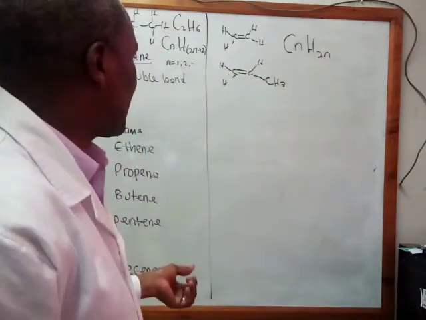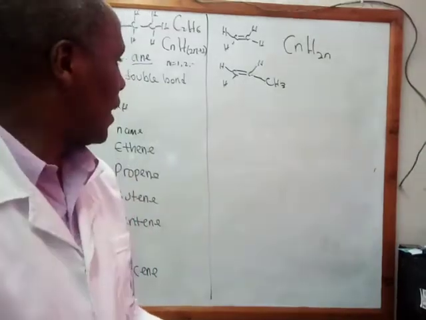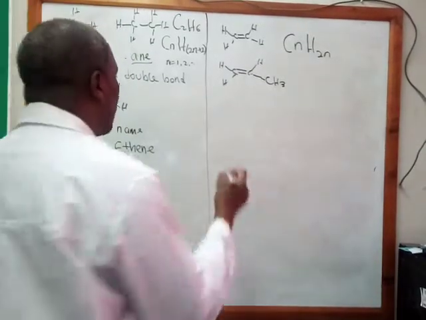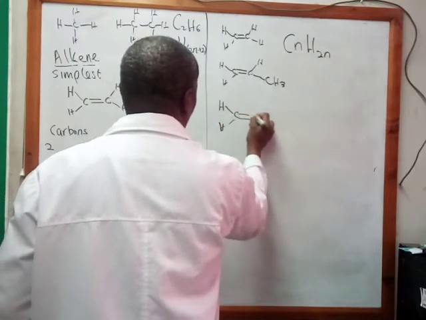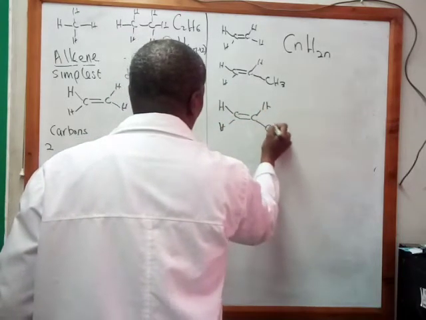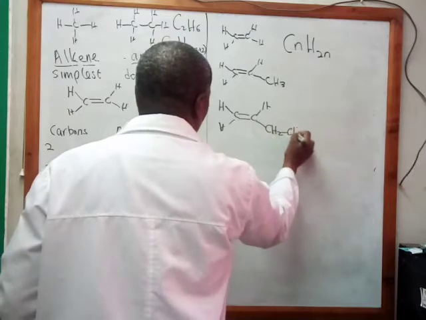So this means that if I'm going to have something like butene, I'm going to have what? I'm going to have a CH2, and then I'm going to have a CH3.